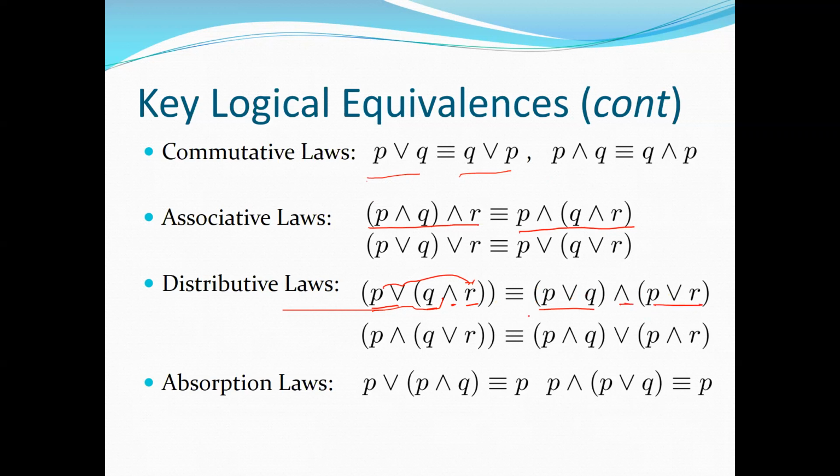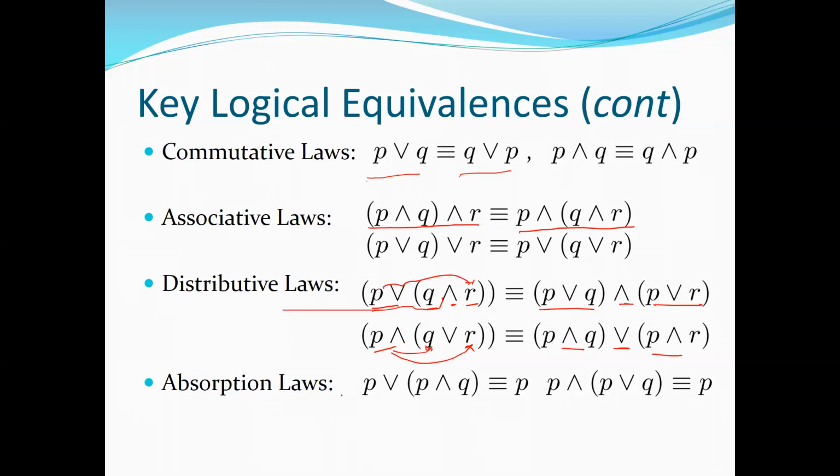So that's the distributive law. The same goes with AND as well. If it is P and (Q or R), you can distribute this P: P and Q, and then P and R separately, and then OR in the middle for the results. So they are the same. That's called the distributive law.